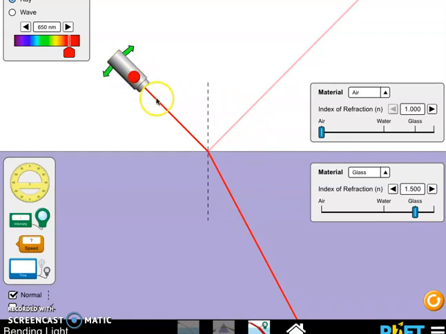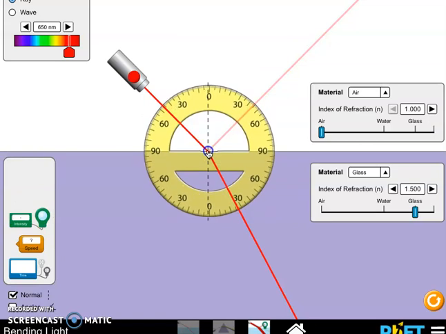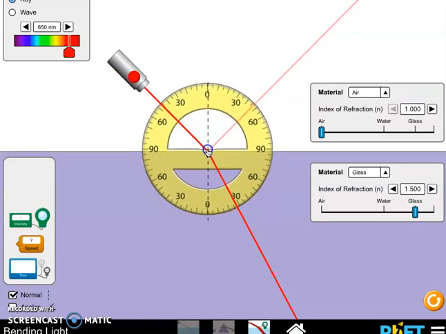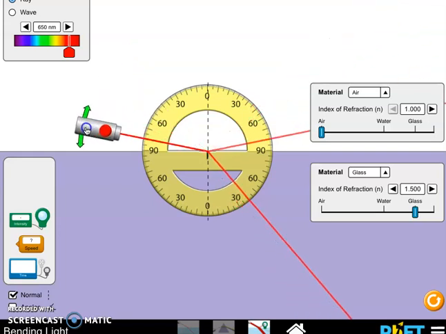Reflection is when light hits a boundary and bounces back in the same direction from which it came. And when I say the same direction, I actually mean the same angle from the normal line. So a light ray that went in at 45 degrees goes out at 45. A light ray that goes in at 80 degrees will reflect also at 80 degrees.